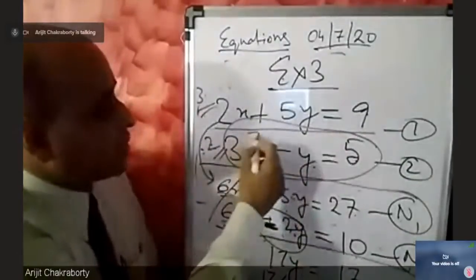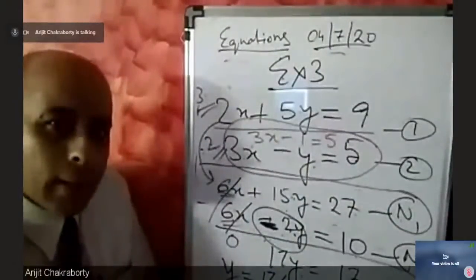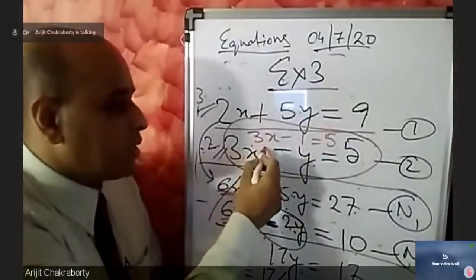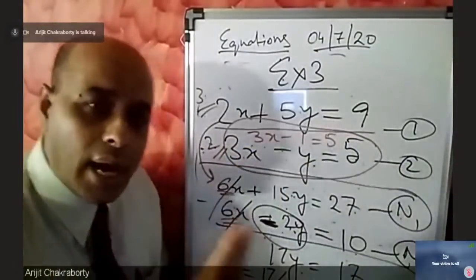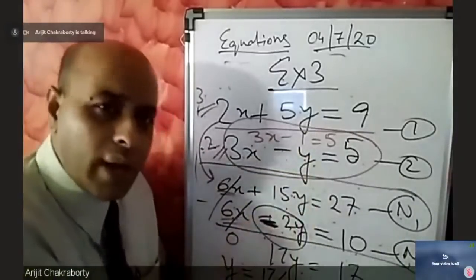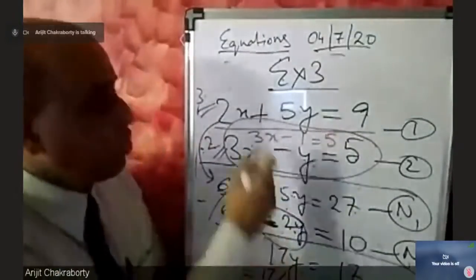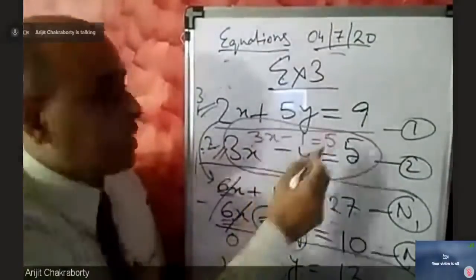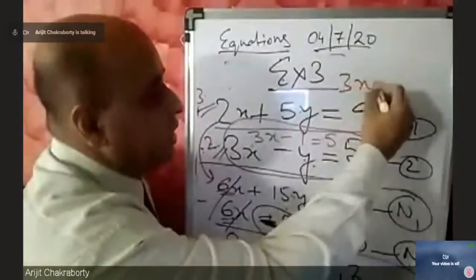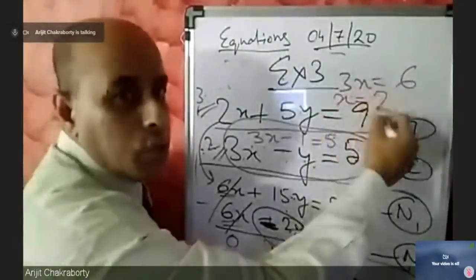So we will write 3x minus 1 equal to 5, which means I have substituted the value of y with 1, because we have already found y equal to 1. Therefore, 3x minus 1 is equal to 5, which means that 3x is equal to 5 plus 1, which is 6. So x is equal to 2.